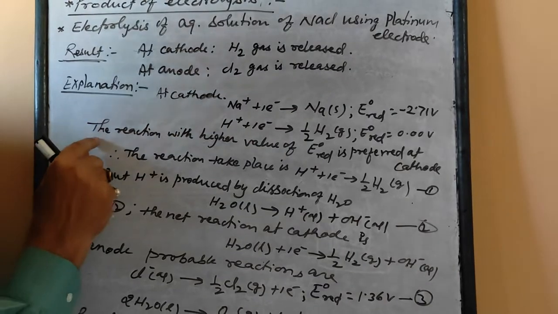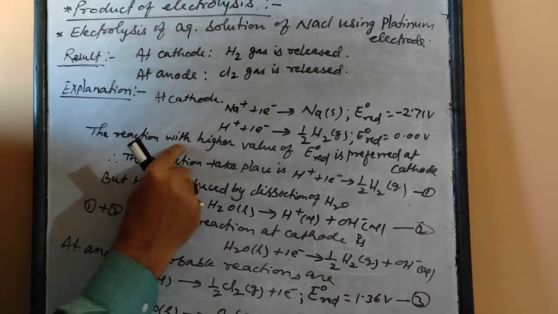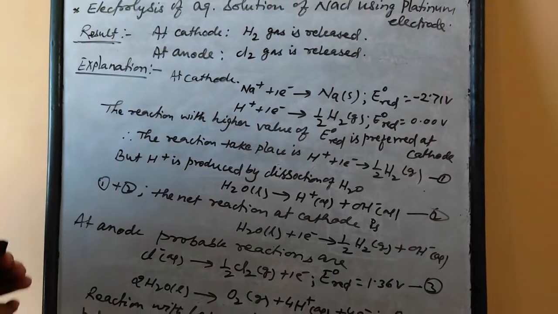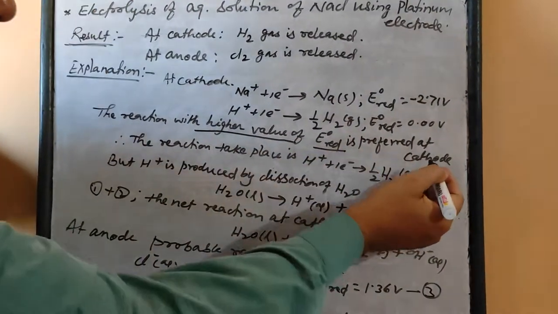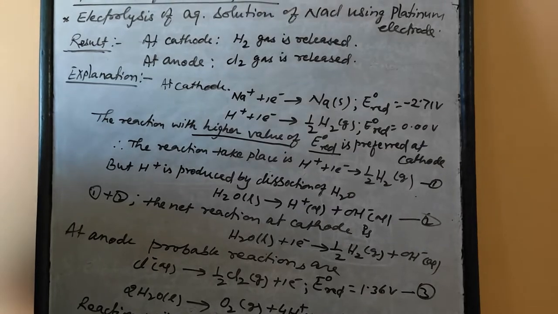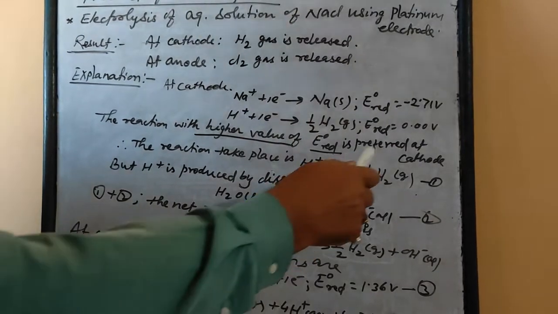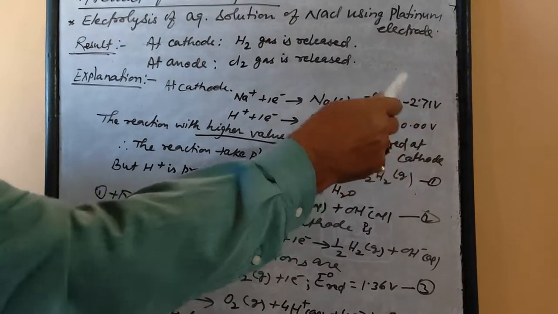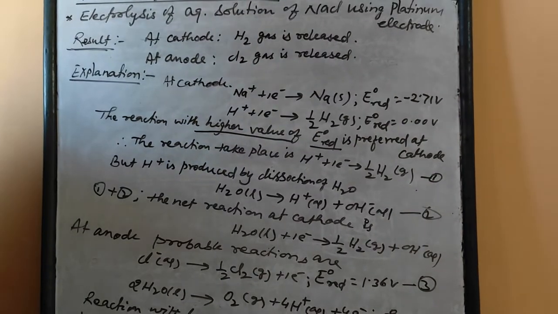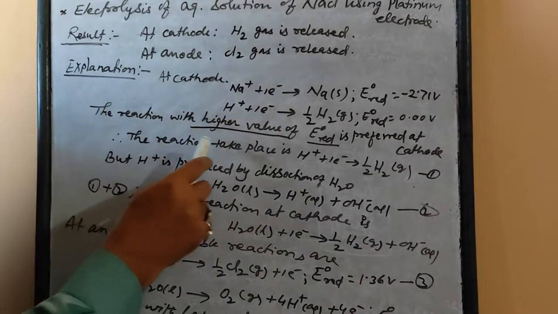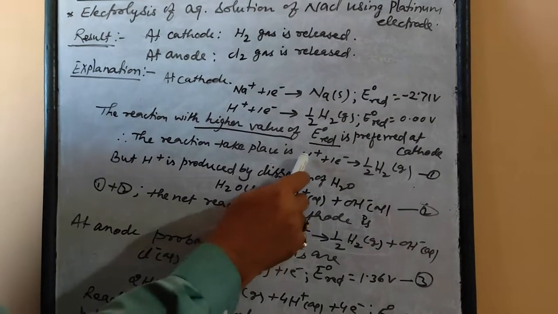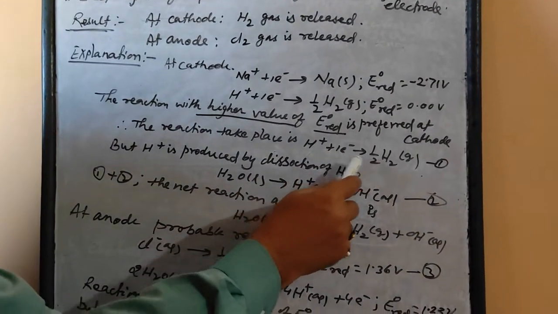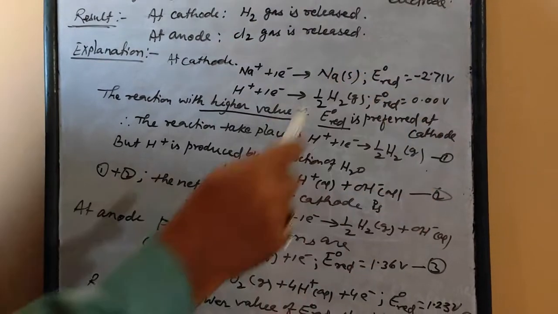Now see, the reaction with higher value of E naught red is preferred at cathode. Already we know 0 is higher than minus 2.71 volt. Therefore, the reaction that takes place at cathode is H plus 1 electron gives half H2 gas.